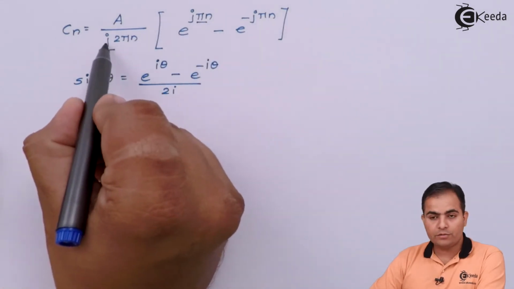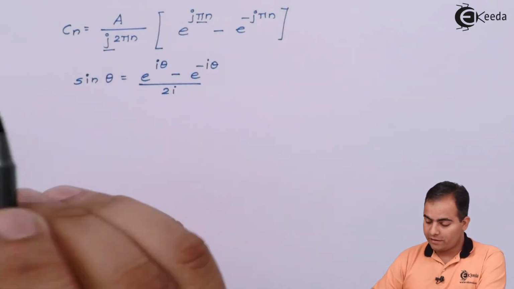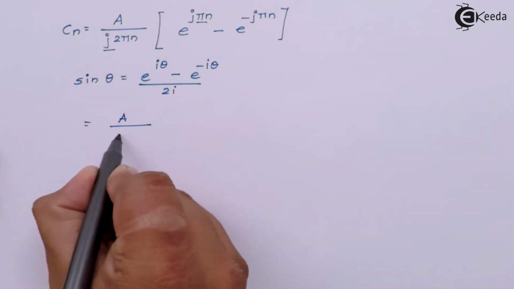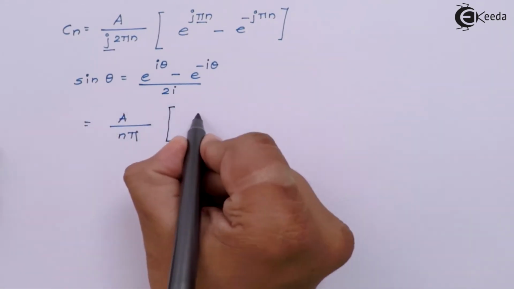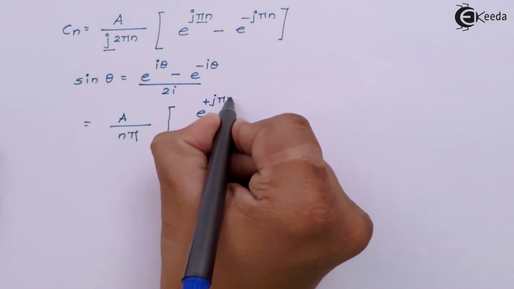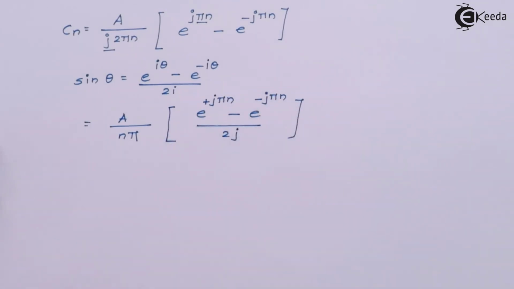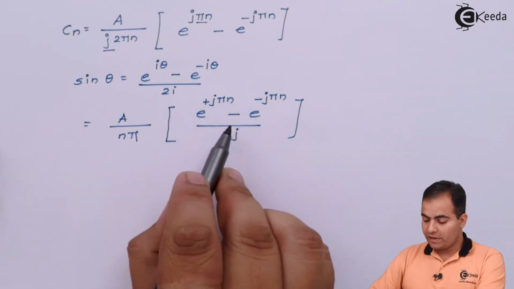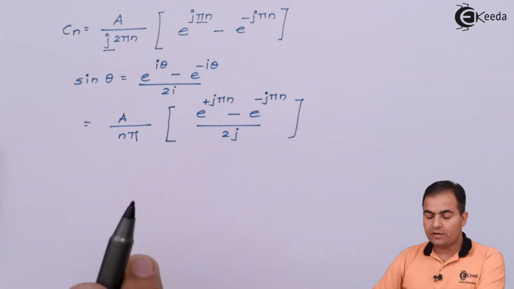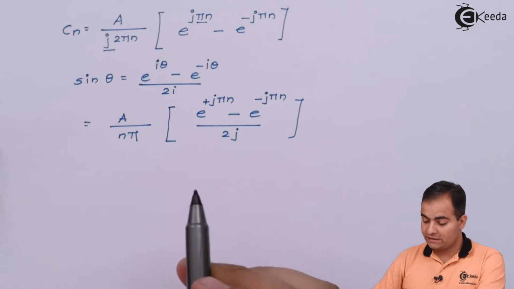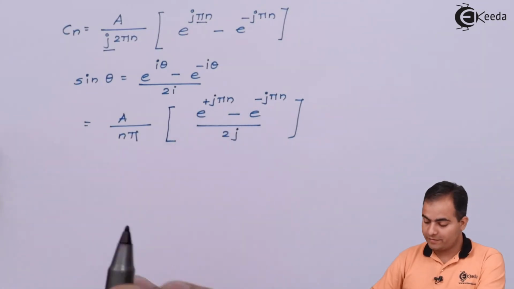Now here I'll take 2j inside this bracket. And e to the power j pi n minus e to the power minus j pi n upon 2j is nothing but sine theta, and my theta is pi n.